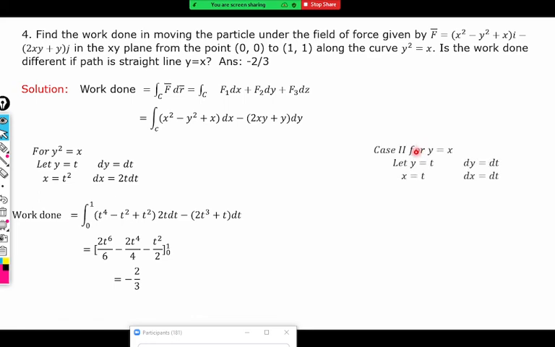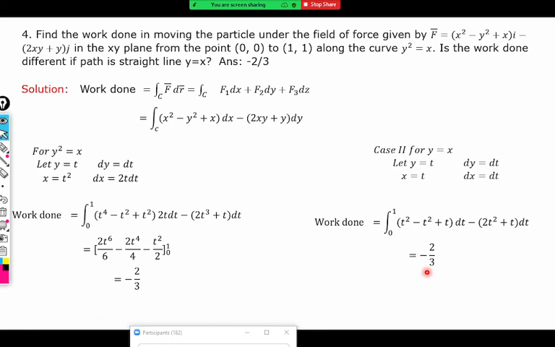So in case 2, y equal to x, let y be t, so x is also t, dy is dt, dx is dt. The formula of work done becomes in terms of t only. And if you observe, t square gets cancelled and your answer again comes as minus 2 by 3. I dropped some steps, but you can do that calculation.